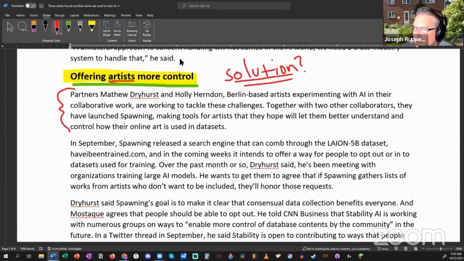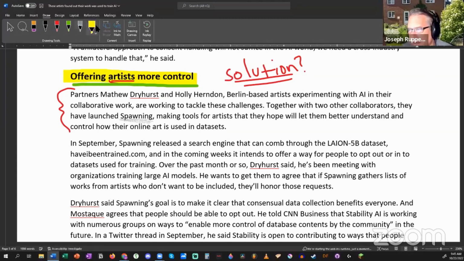Okay. So this is for artists who, I guess, we're not talking about programmers. This is just traditional artists being able to control how their art online is being used in data sets. Interesting. All right, so that's a possible solution, having another program to deal with.